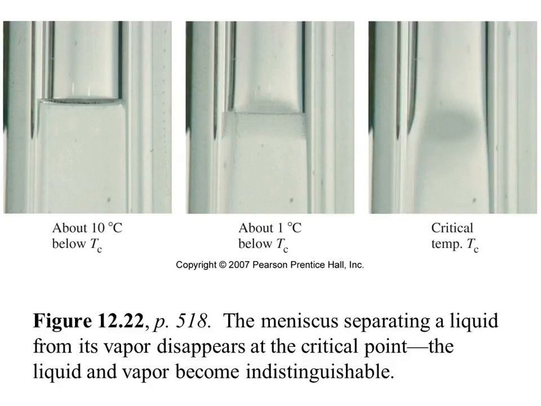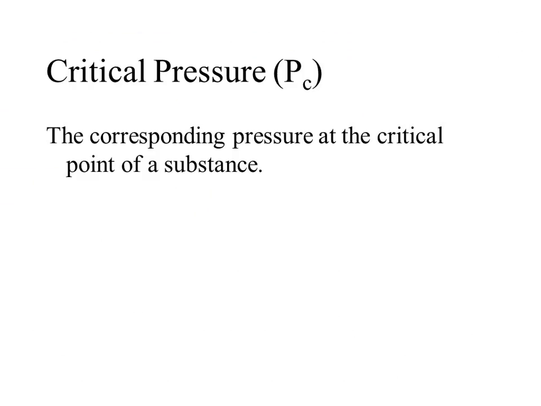But that last one over there is basically we have taken what was liquid and what was gas above the critical temperature. Now we have a test tube full of something else. It's supercritical fluid. And yes, it has all sorts of applications. So there's the critical temperature and there's the corresponding critical pressure.